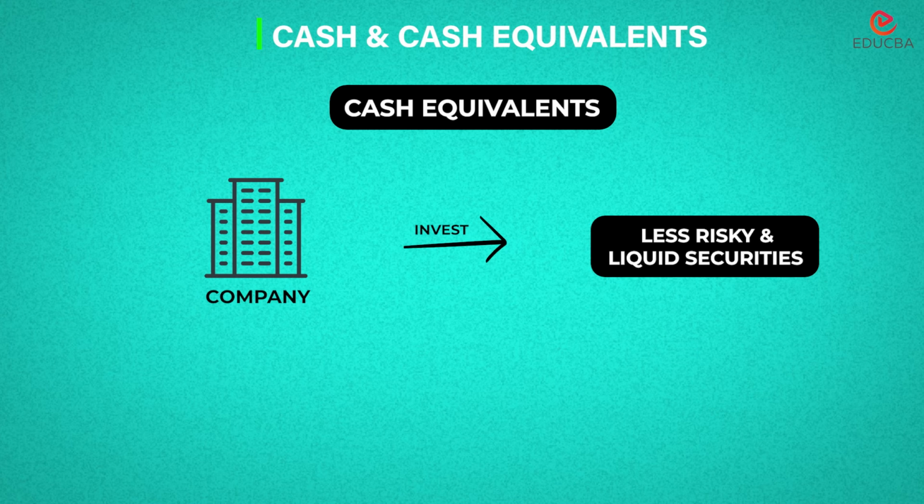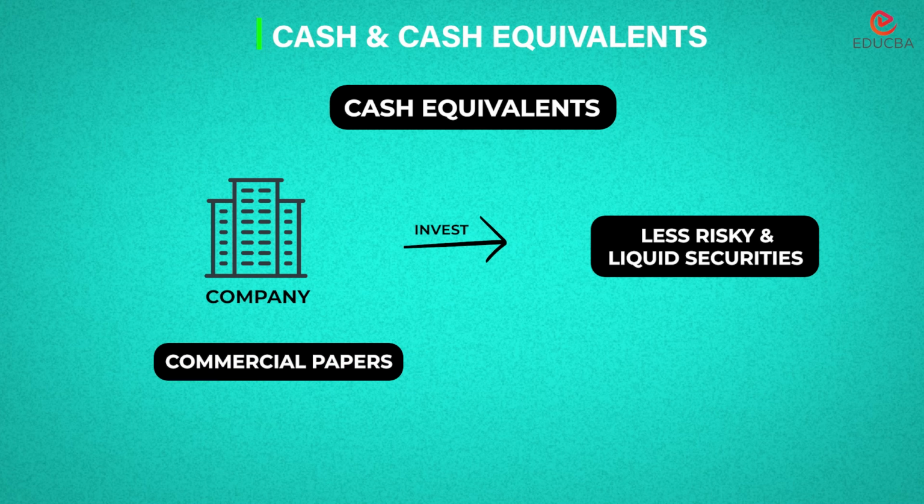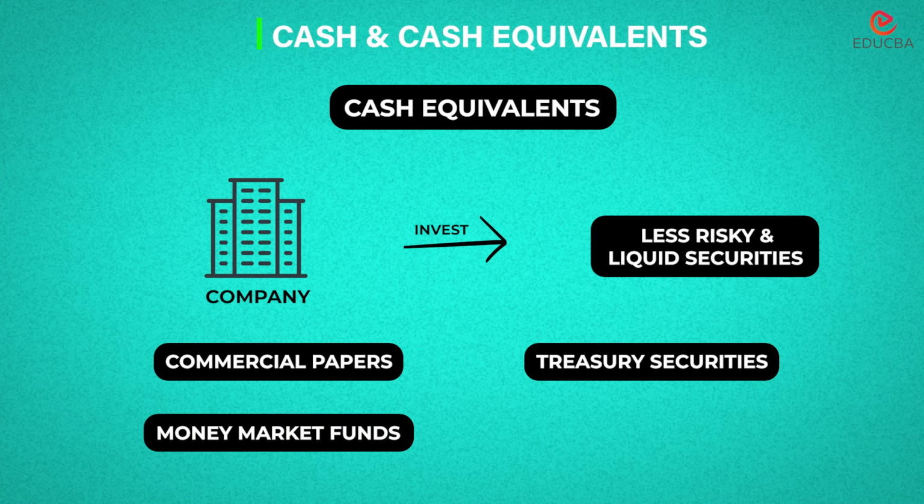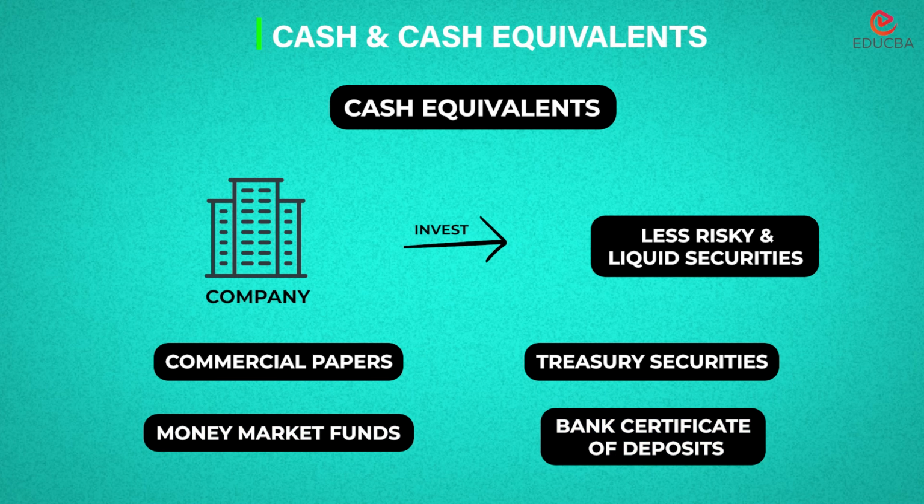Examples of cash equivalents which can generate income with low risk are commercial papers, treasury securities, money market funds, and bank certificates of deposit. All of these are very liquid and can be withdrawn at any given point of time. So both of these are considered to be a part of the current assets.